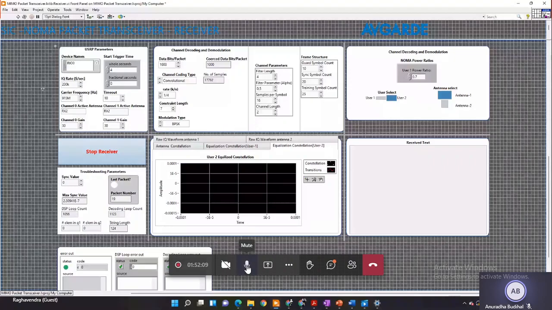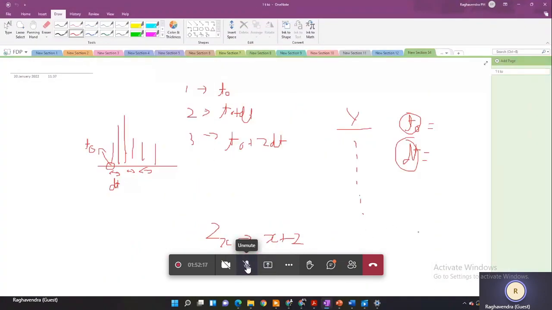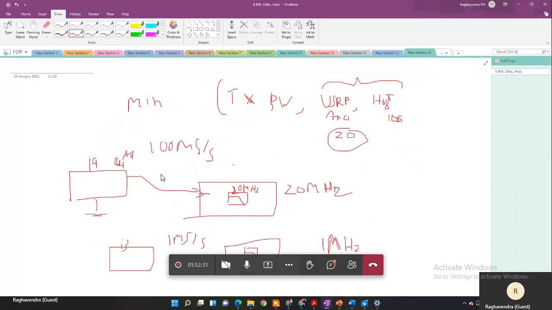Wait, host sampling as in, okay, I think I got what you're trying to say. Are you referring to what I mentioned, the samples here? Okay, I understand what you're asking.